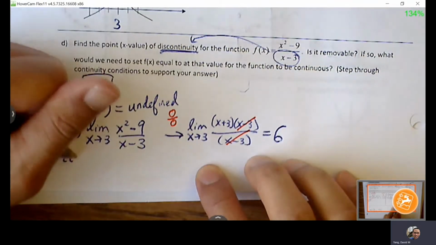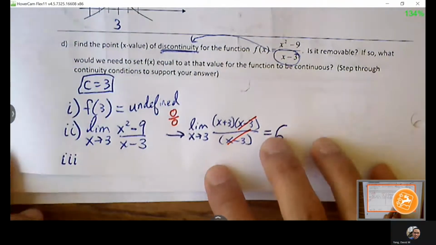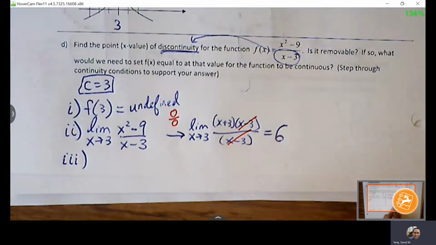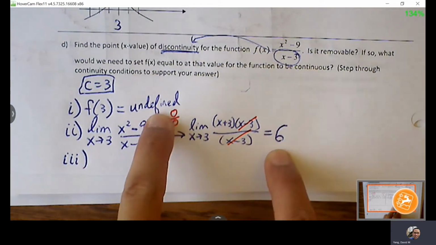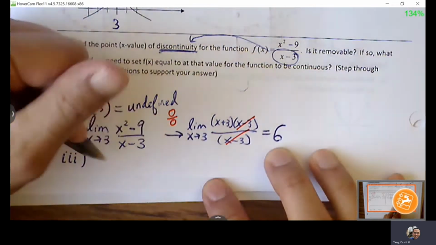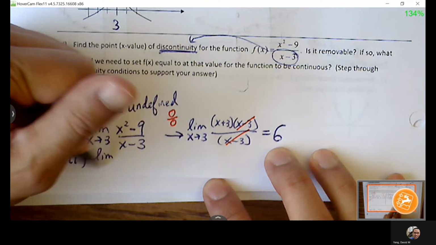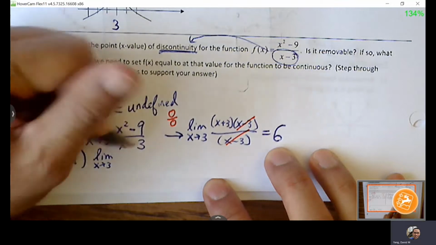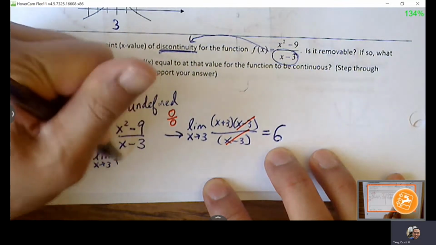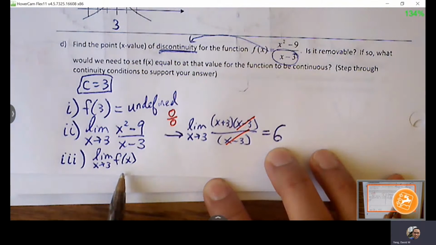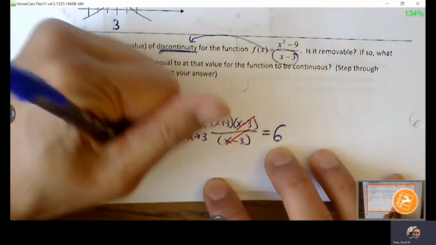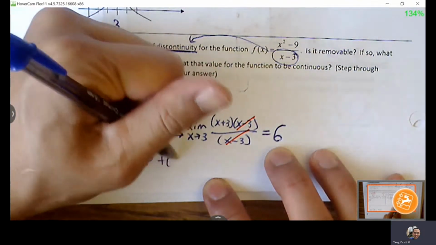Third condition. Pass or fail? Fails. Now, don't just say undefined doesn't equal 6. You're going to actually write out the full statement. You're going to say limit as x approaches 3 of, you don't have to write out the full expression if you don't want, but you do have to reference it, does not equal f of 3.